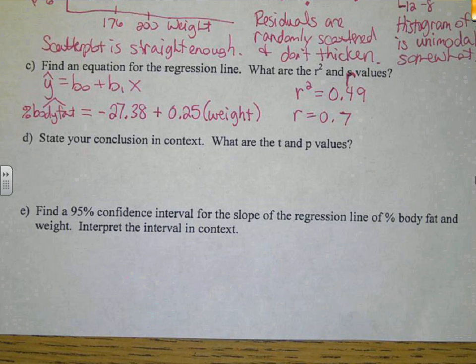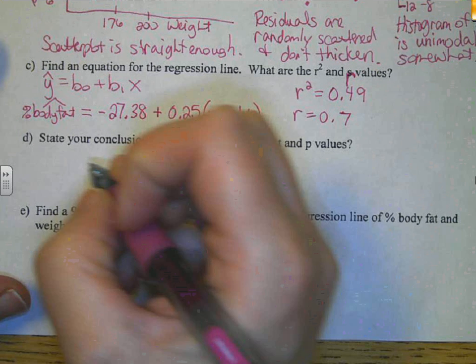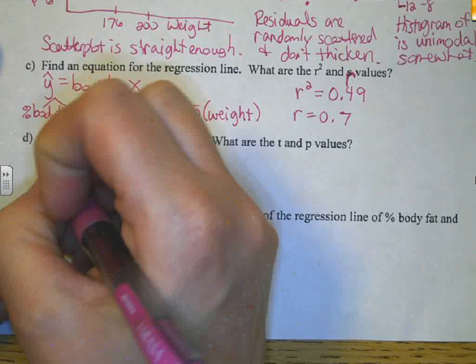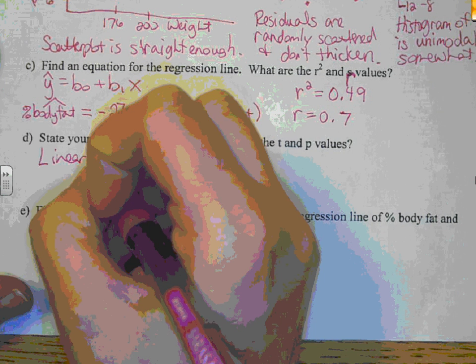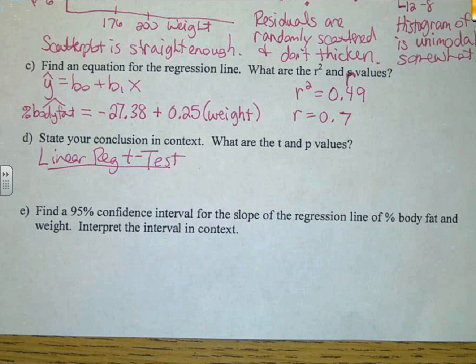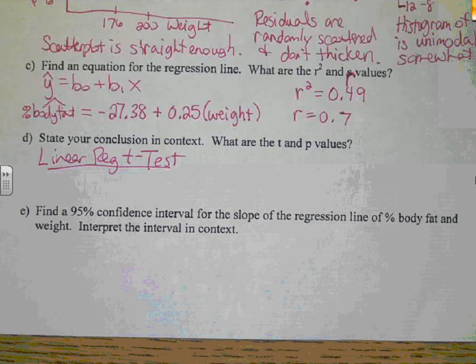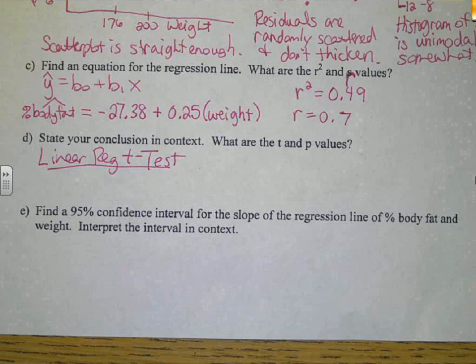Now it says state your conclusion. So this should say do a hypothesis test. This is a linear regression t-test. It's in your calculator with all the other tests. Stat, test. As you scroll through the list, you should see lots of things you know how to do, and a few we haven't done.